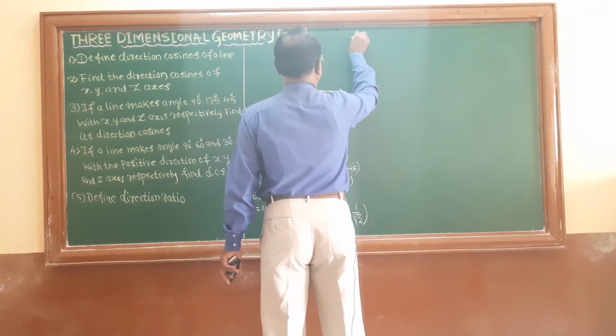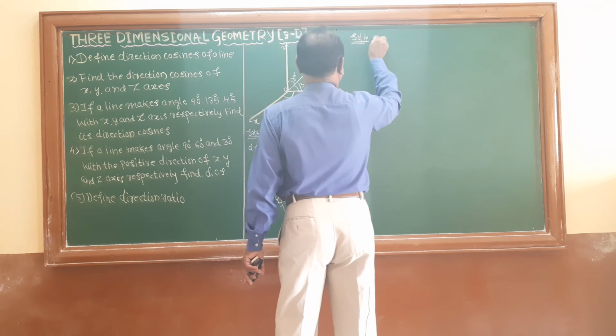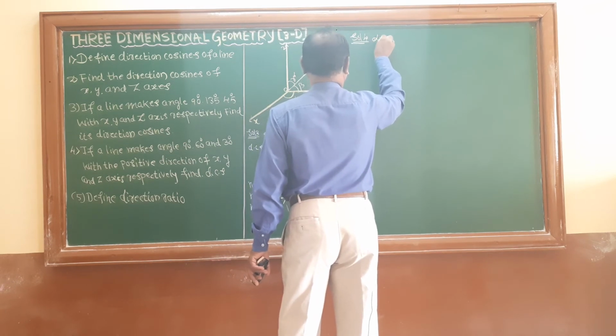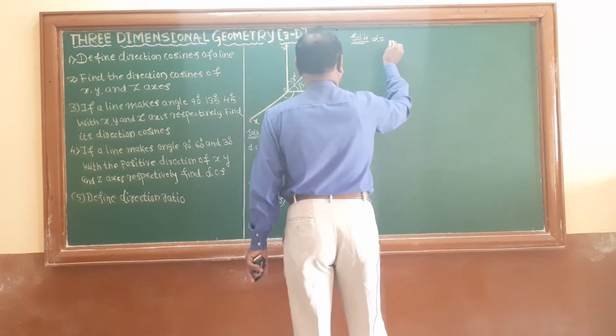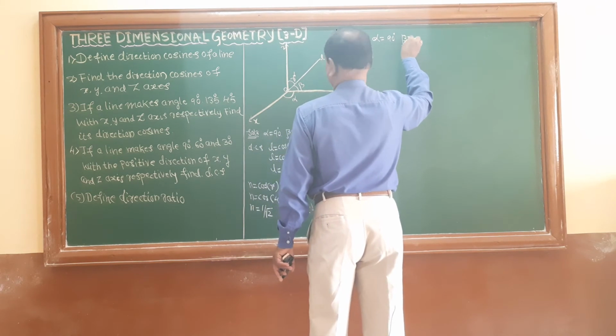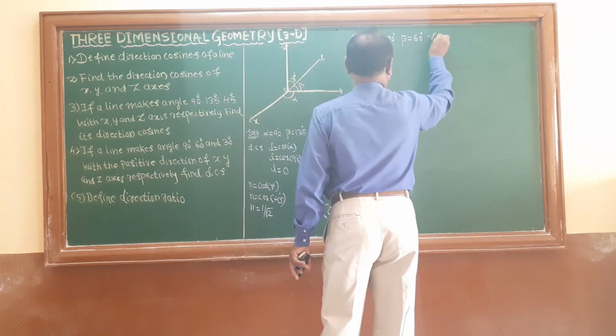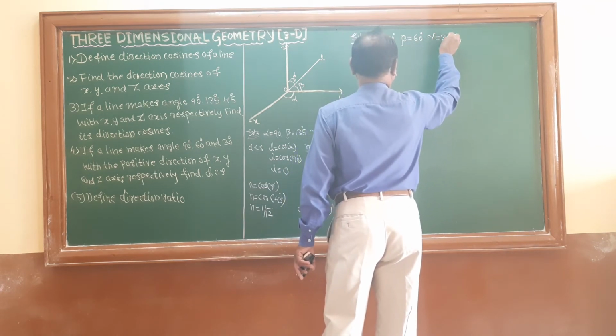Therefore write the solution for example number 4. Angle alpha is equal to 90 degree, beta is equal to 60 degree, gamma is equal to 30 degree.